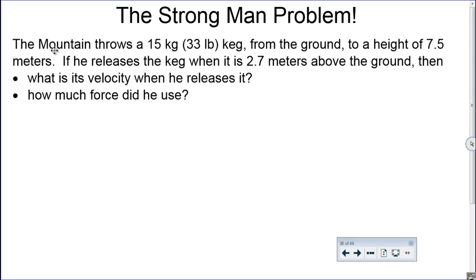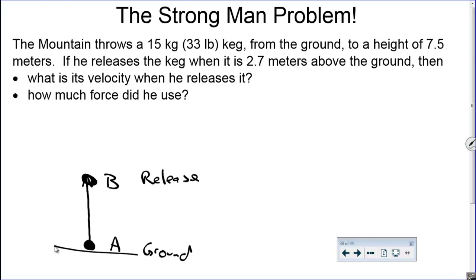All right? So here's the keg. Okay, it starts on the ground. Call this point A. Then Strongman, the Mountain, exerts a force on it and releases it at point B. So this is ground. This is release. And then it goes flying up into the air, stops, and eventually comes back down at point C. Okay?